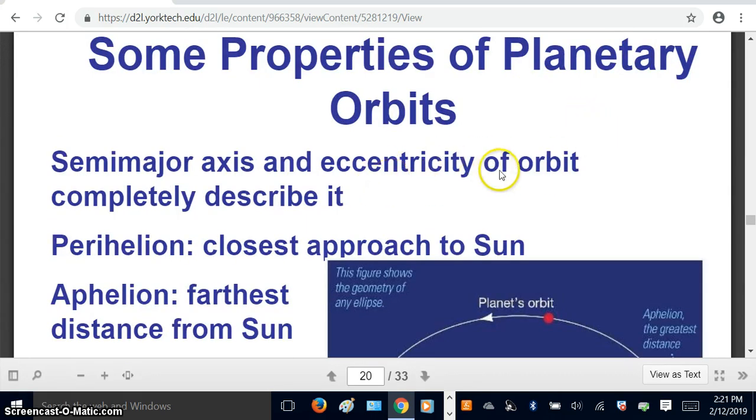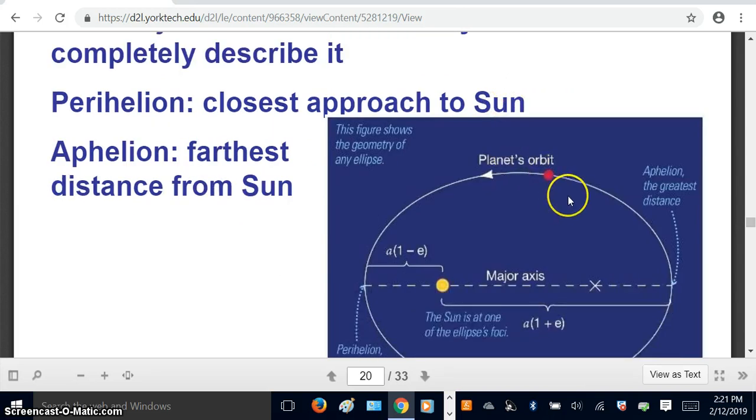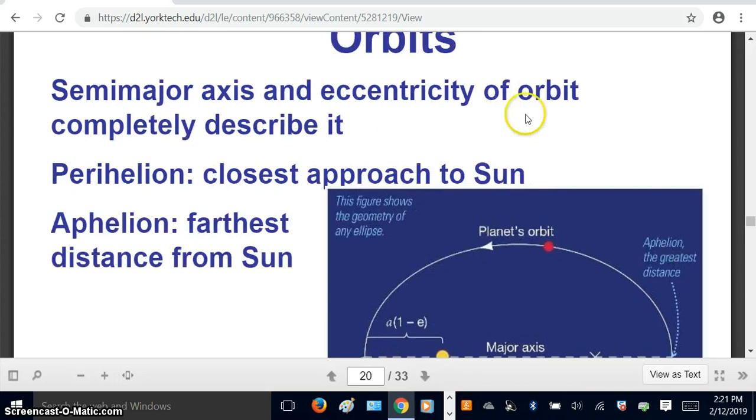There's another quantity called eccentricity. The more oval or egg-shaped the orbit, the more off from being a circle, the more eccentric it is. It turns out that Mars, the planet that Kepler used to come up with his laws of motion, has a pretty eccentric orbit.